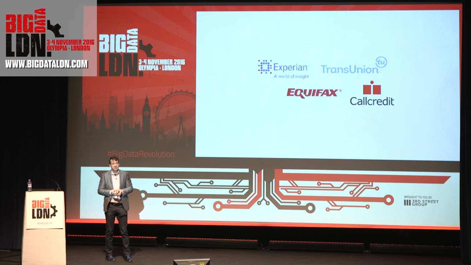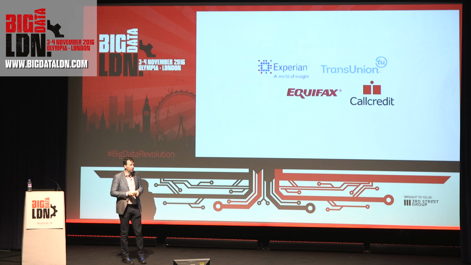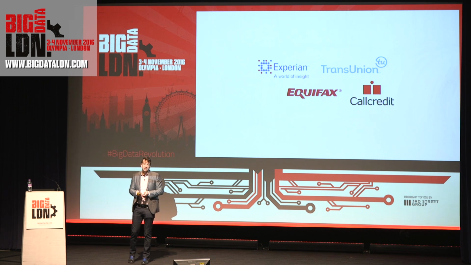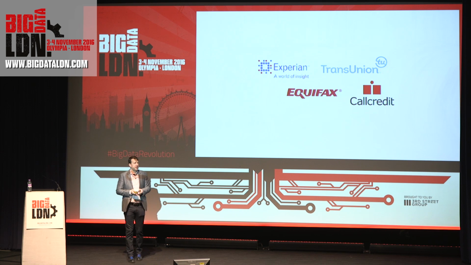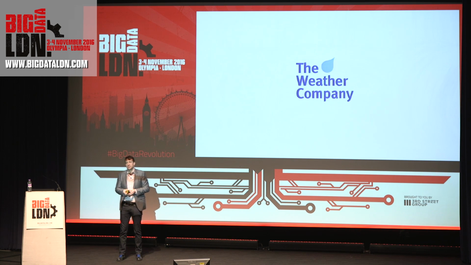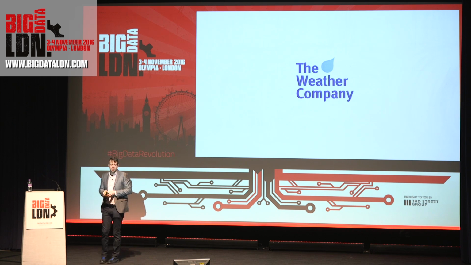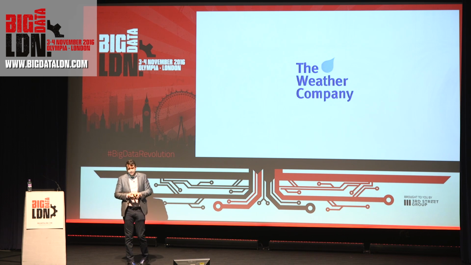But it does cut across any type of industry. My favorite that I'll pick on, at least the one that's impressed me the most that I've had direct contact with, is the weather company. The weather company is interesting because, at least in America, they own the weather data.